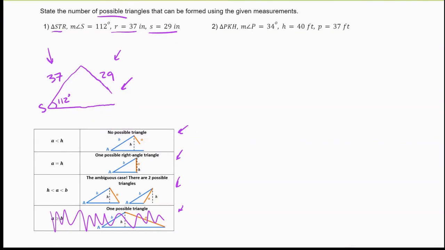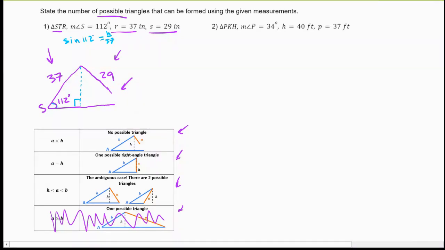To find the height, I am going to draw it here so that you can see it's a right triangle. And I'm basically going to use sine to help me, because I can say sine of 112 equals the height, which is the opposite side, over the hypotenuse of this triangle that I drew, which is 37.